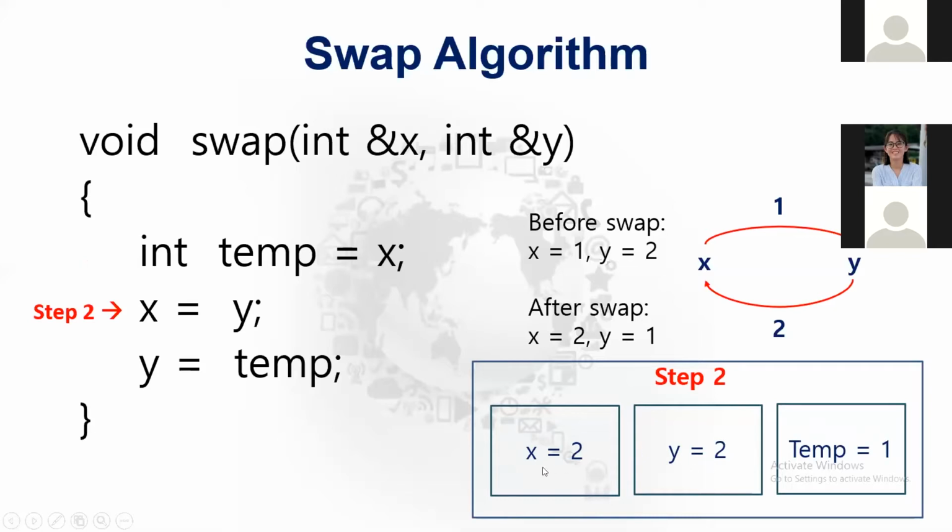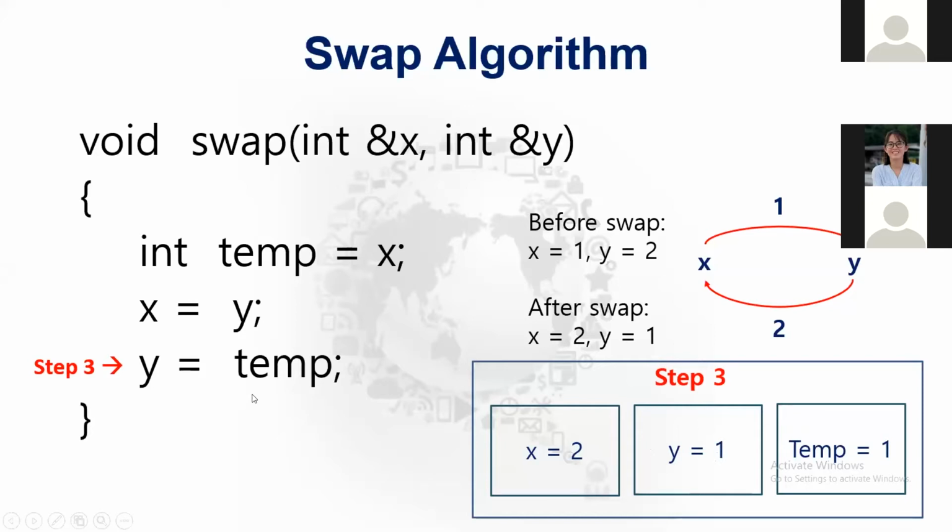You cannot just refer to x because x has already turned into 2. So what you do is you refer to the temp. Because previously in step 1, you stored the value of x in it. So now you just set y equal to the temporary value. So now your y has become 1.